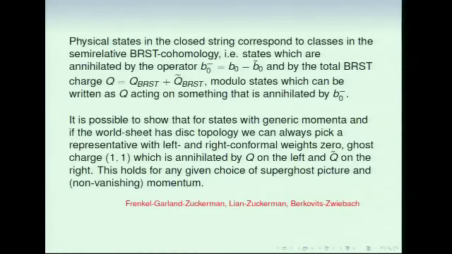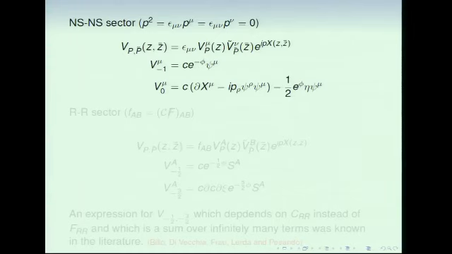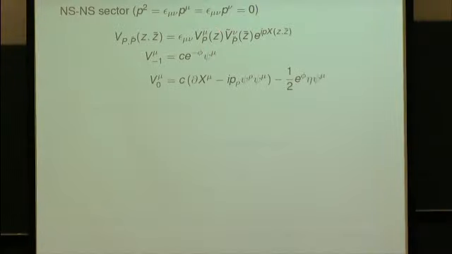Now, what kind of states do we consider? Well, there is the NSNS sector, where we can have the dilaton, the graviton, and the antisymmetric tensor. And this is the associated vertex operator. It's well known. So we have something here on the left, a vertex operator depending on z, and a vertex operator depending on z bar.